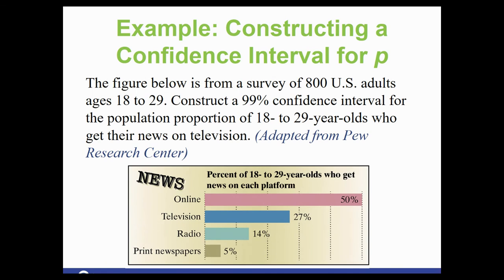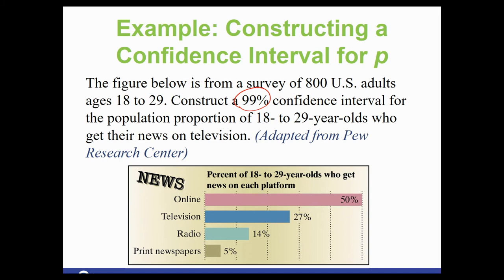Let's try it again. This one says the figure below is from a survey of 800 U.S. adults ages 18 to 29. Construct a 99% confidence interval for the population proportion of 18 to 29-year-olds who got their news on the television.